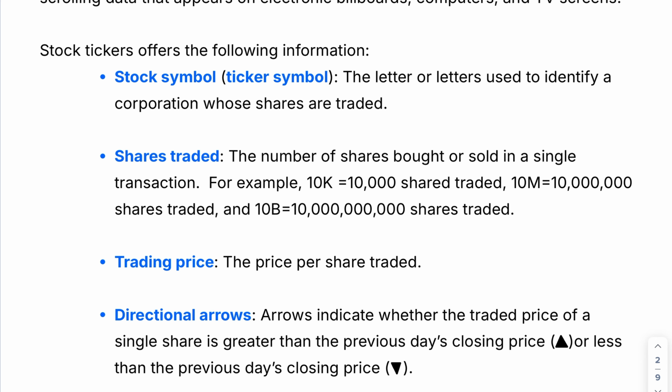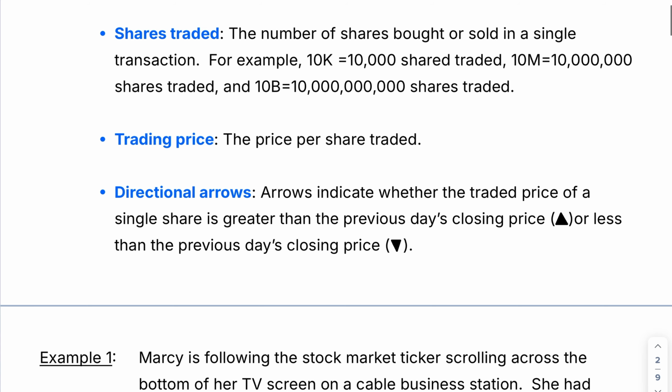So if you see 10K, it means that 10,000 shares were traded. Or 10M would represent 10 million, and occasionally, though you won't see this very often, you might see the letter B, so 10B would be 10 billion shares traded. The third piece of information is the trading price, the price per share at that point in time.